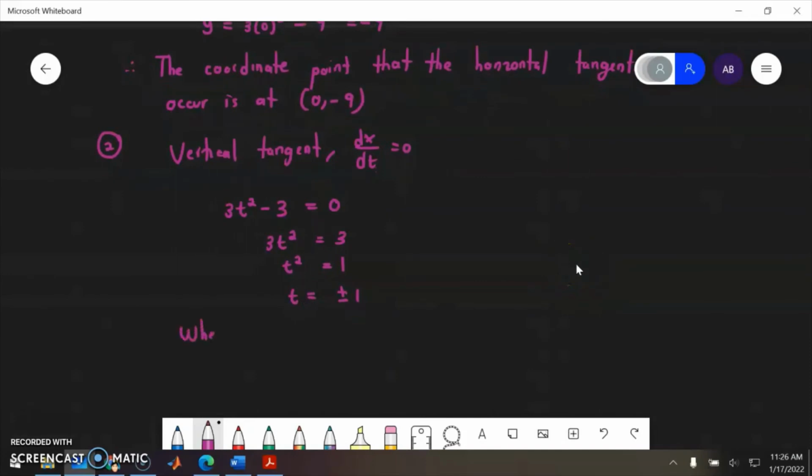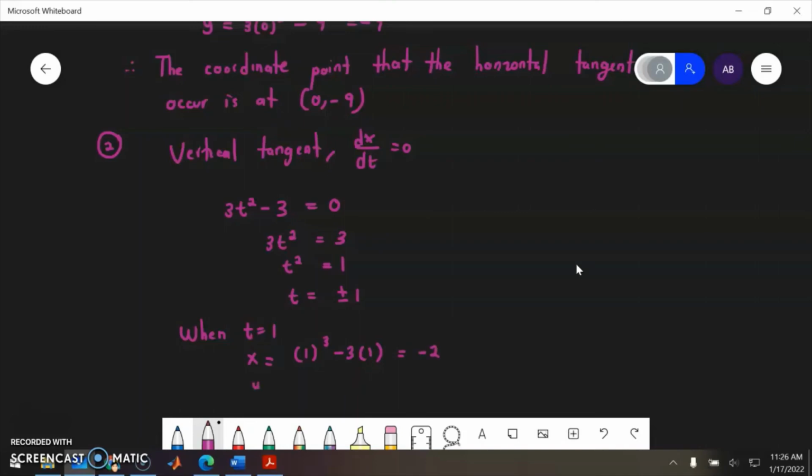Okay, so we have two at least. When t equals 1, x is 1 cubed minus 3 times 1, which is 1 minus 3, you have minus 2.